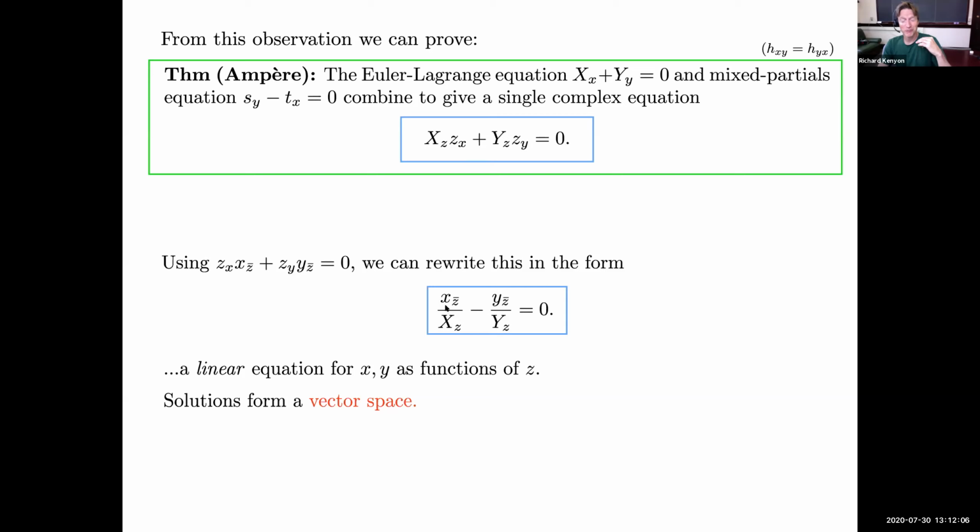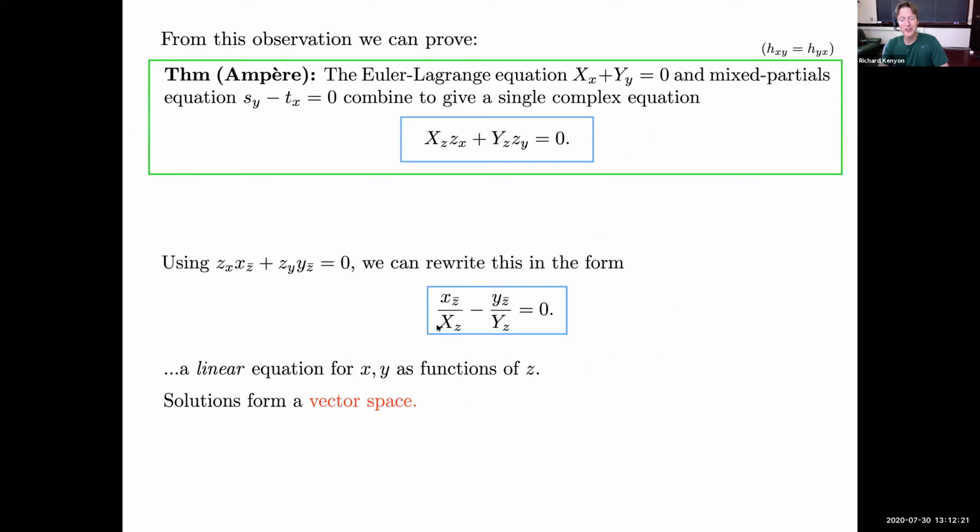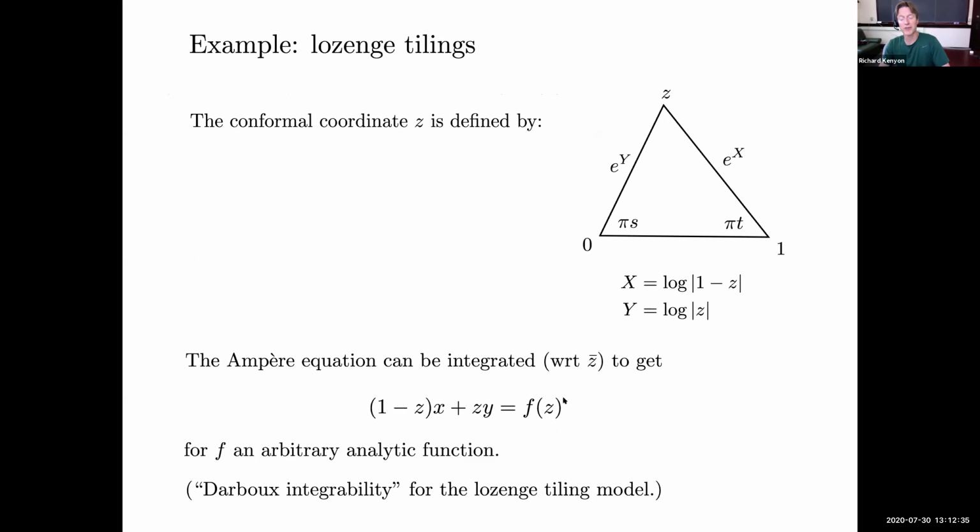Therefore, I can just straightforwardly integrate with respect to z bar, and I end up with this equation here. I simplified it. Maybe I should have done that in 2 steps, but because the coefficients are analytic in z, their z bar integral and their z bar derivatives are trivial. So I could just integrate with respect to z bar, and there's a constant of integration, which is going to be an arbitrary analytic function f.